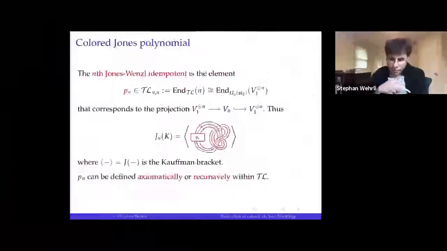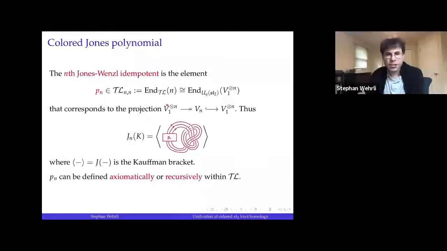Now, if you look at the nth tensor power of the fundamental representation, it contains a unique copy of the representation V_n as a direct summand. So there's a projector that projects onto this summand. This projector is an endomorphism in the representation category, but you can also think of it as an endomorphism in the Temperley-Lieb category, and as such, it is the nth Jones-Wenzl idempotent.